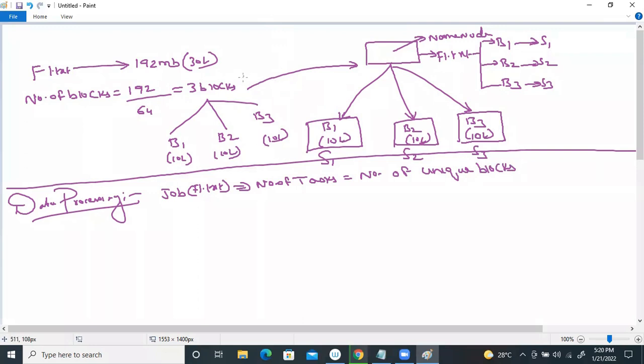Number of tasks equals number of unique blocks. Here we have 3 blocks, so 3 tasks: T1, T2, T3.